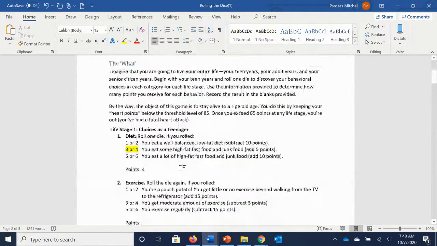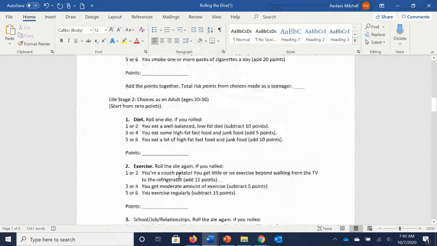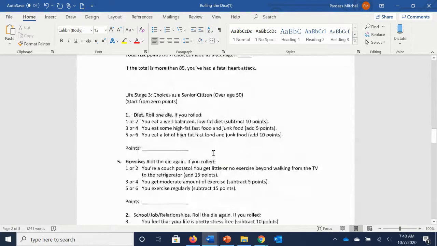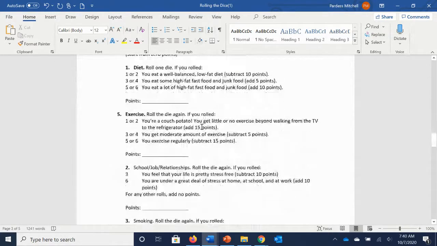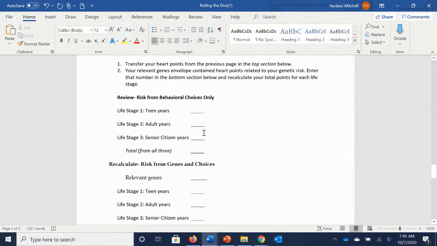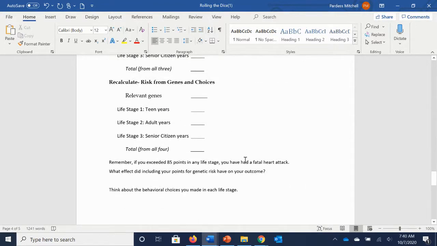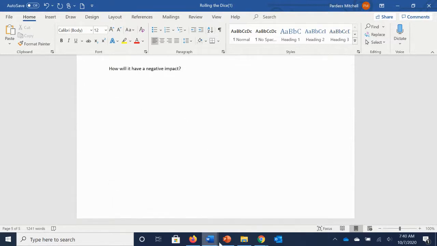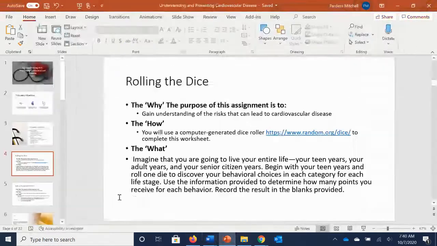Sorry, I missed right here. If I got 3 or 4, my points would be 5. This is where you see the points. I would continue to fill out this worksheet, and then I just add the choices. As your numbers get higher, you have a greater risk of a heart attack. And then here you will recalculate the choices and answer the questions based on that worksheet.